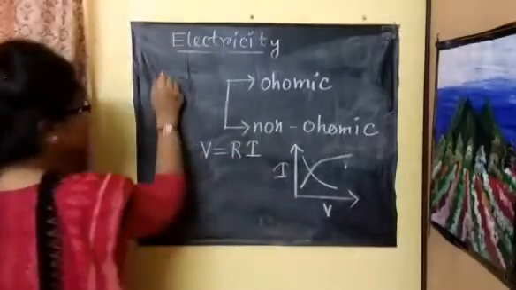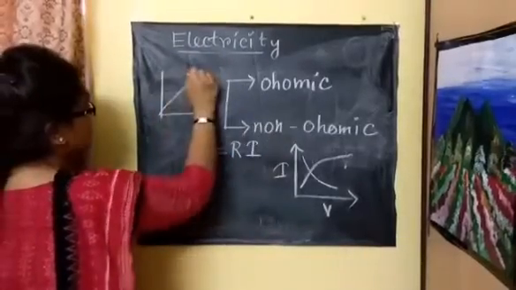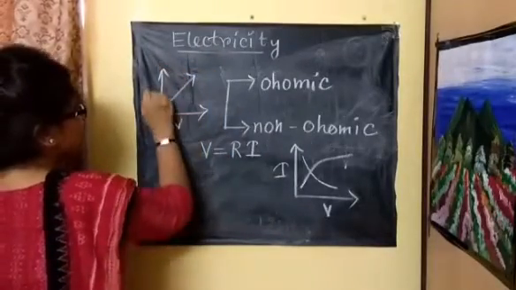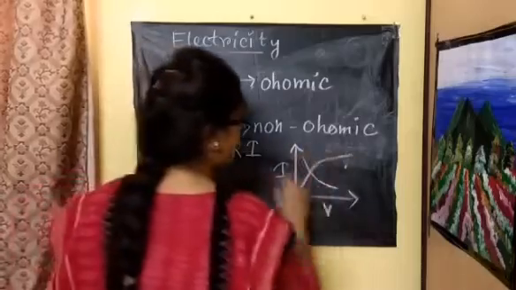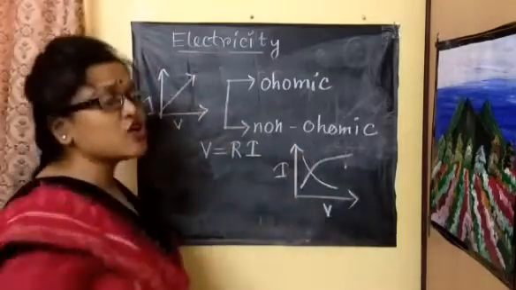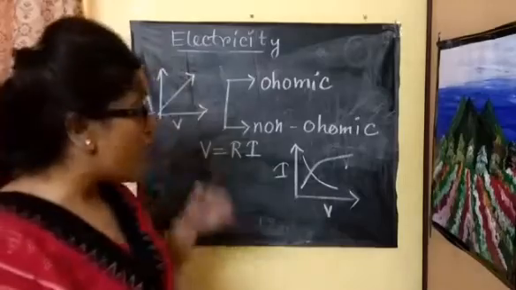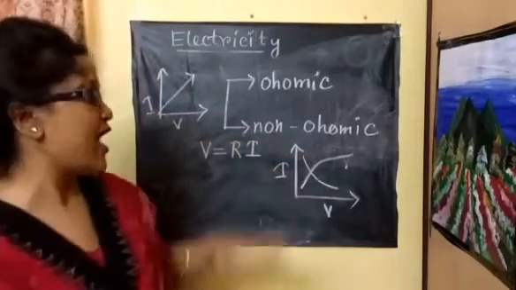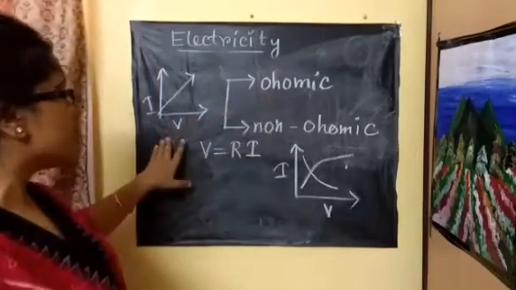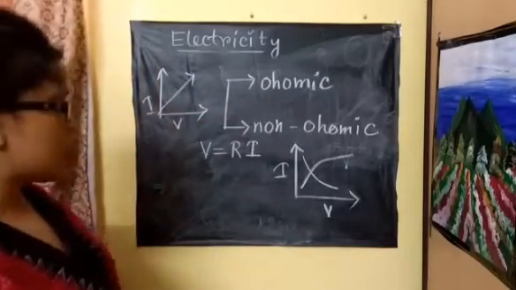That was a linear relationship, and this is a non-linear relationship. Those that follow the linear relationship are called ohmic conductors, and the others are non-ohmic.